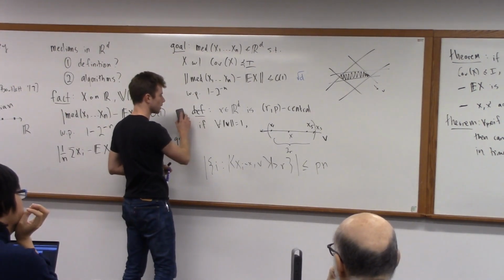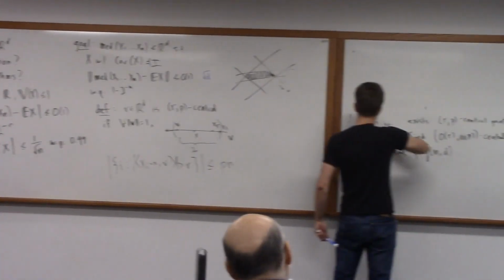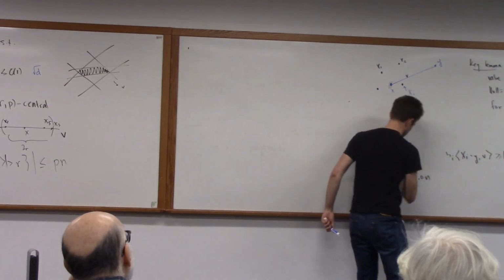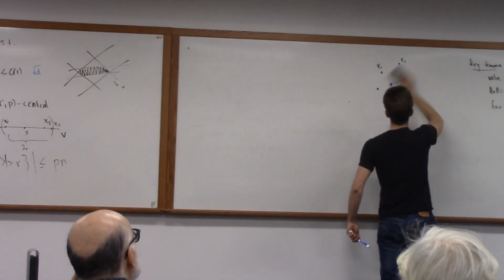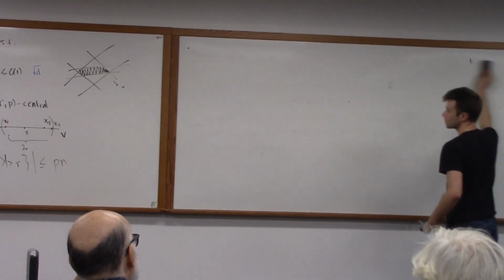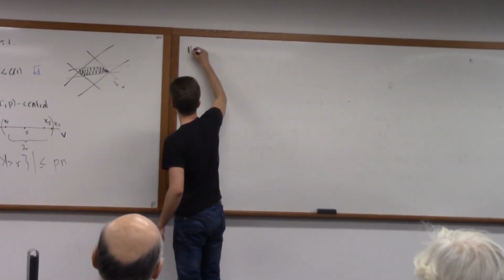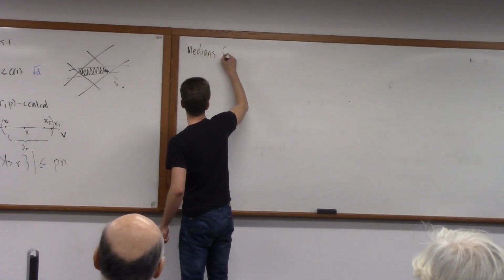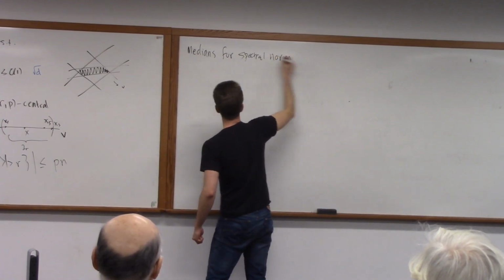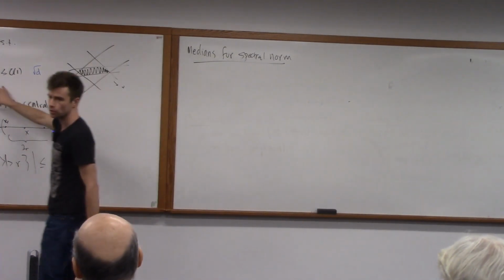Let's not erase that because I want to compare. Okay, so medians for spectral norm. My goal now is to give an analogous goal here.